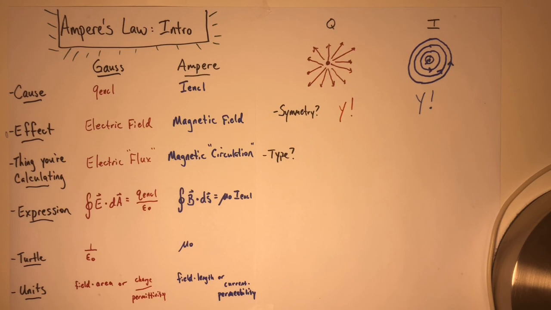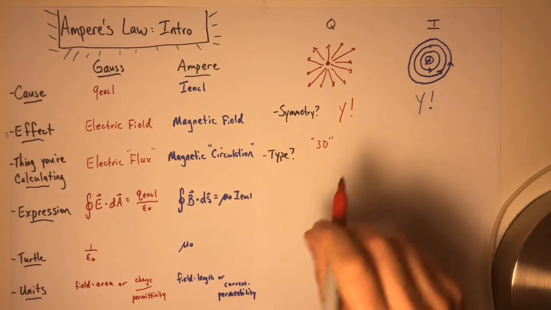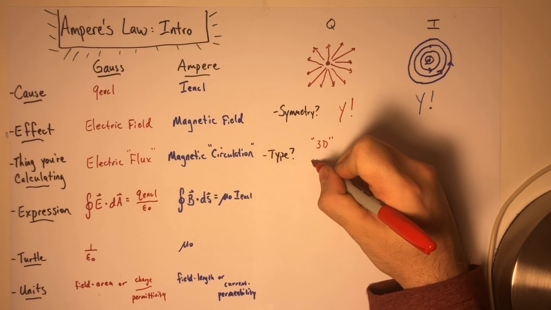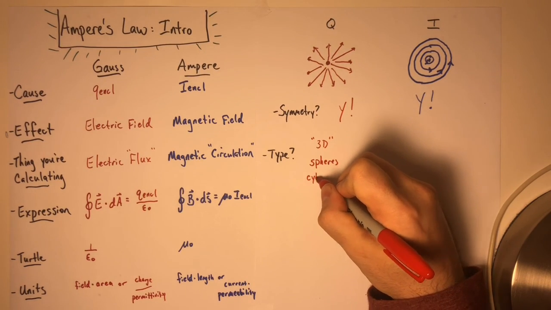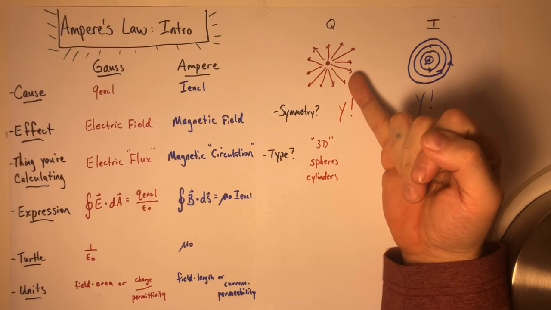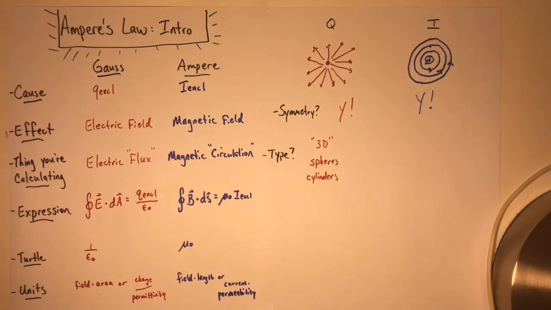The type of symmetry I'd invite you to think of as sort of a 3D symmetry for Gauss's theorem, in that we were choosing things such as Gaussian spheres or Gaussian cylinders, things that took advantage of the fact that the electric field is three-dimensional. And so when you're doing this surface integral, you have to take advantage of the fact that you've got field lines poking out in all directions through your surface.